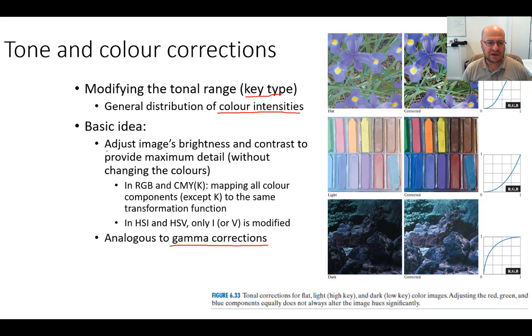The basic idea here is to adjust the image brightness and contrast to provide maximum detail without changing the colors. In RGB or CMYK color space, we have to map all color components except K, that's black, to the same transformation function, which could be an exponent, it could be a log, depending on what kind of result you want to get.